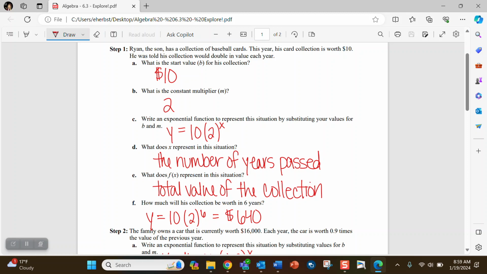Remember, f of x is just a fancy way to write function notation for y. So that would be the total value of the collection. So then in letter F, we're going to plug 6 in to find out how much his collection is worth in 6 years. So 2 to the 6th power times 10 is $640.